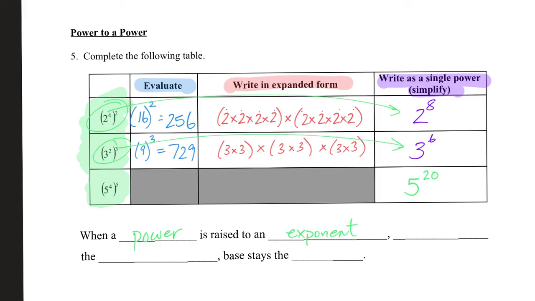When a power is raised to an exponent, what operation did we do? We may have noticed that we multiply the exponents, and the base stays the same. And there is our third law of exponents.